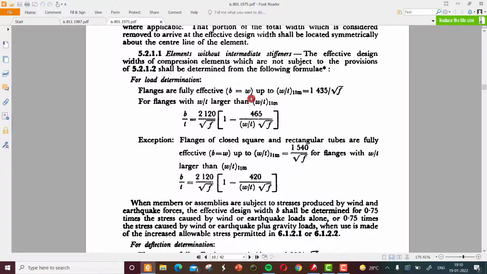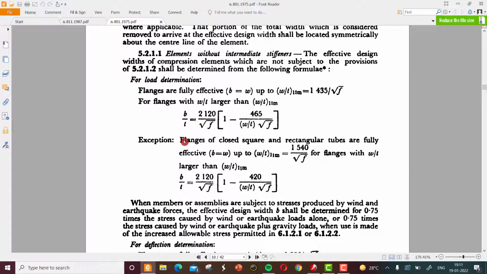That is, the entire width b will be equal to the effective width w up to this limit. So if the w by t, where w is the width of the flange by thickness, is less than this value, then the flanges are fully effective. This is a limiting upper value, and this is the calculation for b by t.